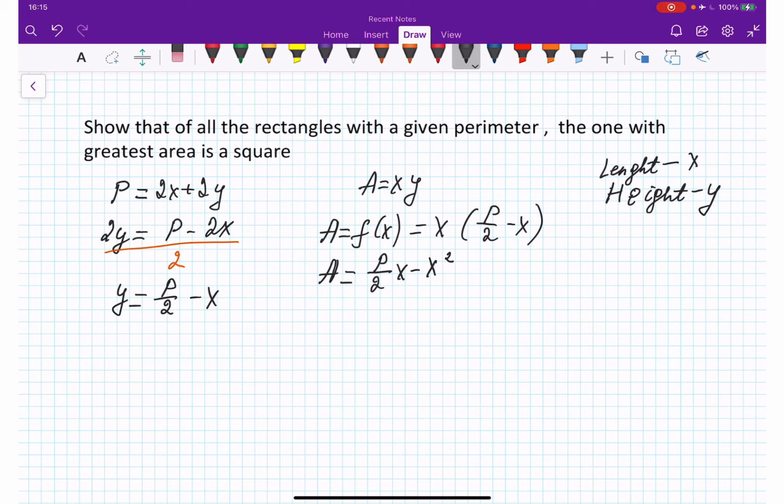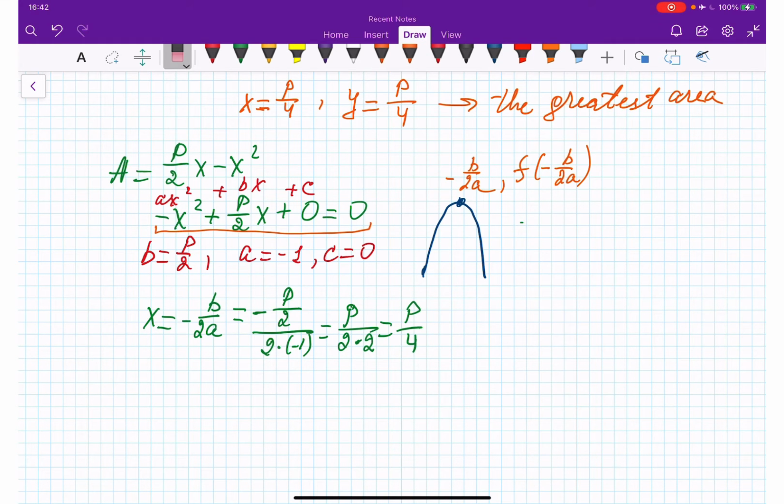Okay, let's identify what values x can have. So if I write down negative x squared plus P over 2 x is equal to 0. Now let's find y also, right?